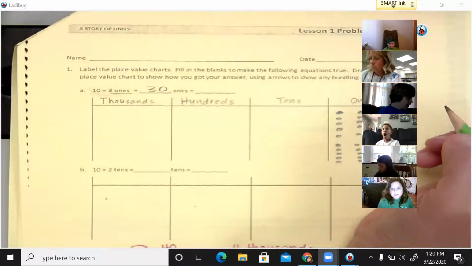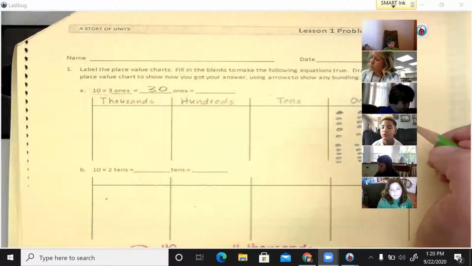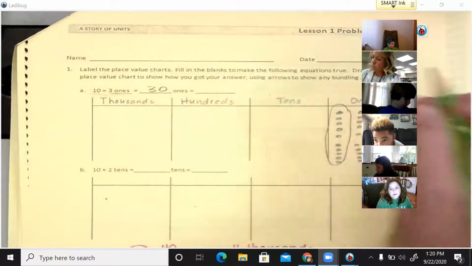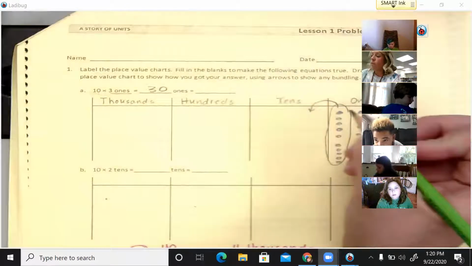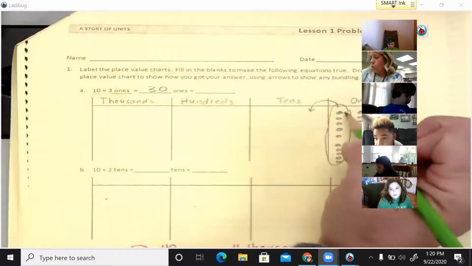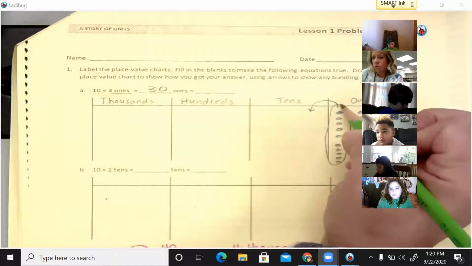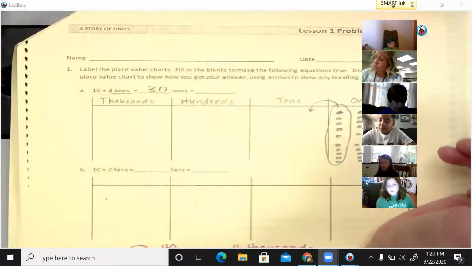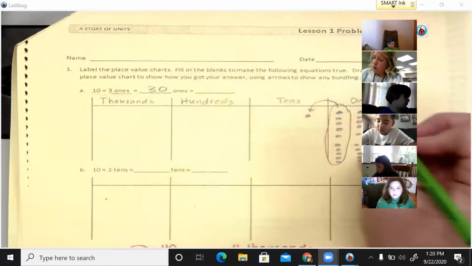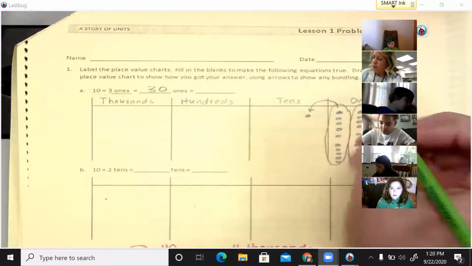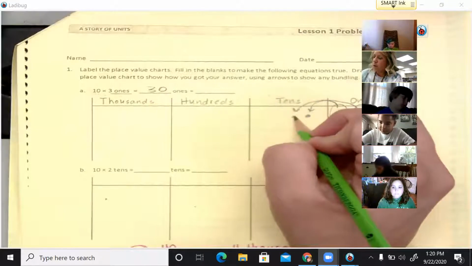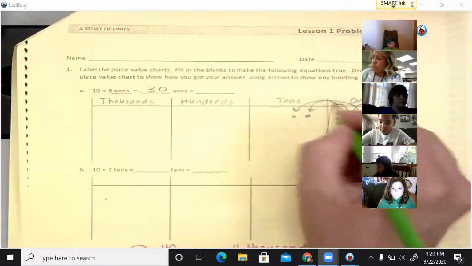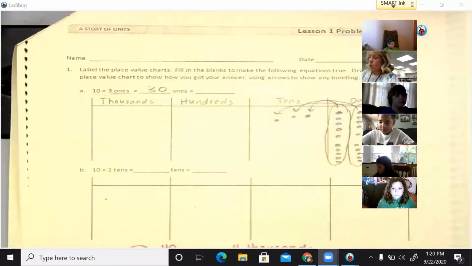You can exchange 10 of those ones for a 10. Very good. So this whole row that I just circled, how many 10s does that give us? 1. Very good. So then I'm going to bundle these 10 together and give me another 10. And I'm going to bundle these ones together to give me one more 10.